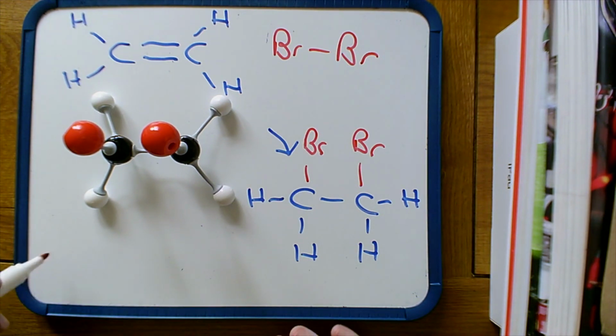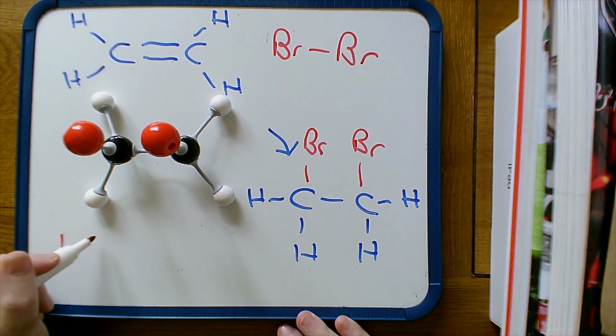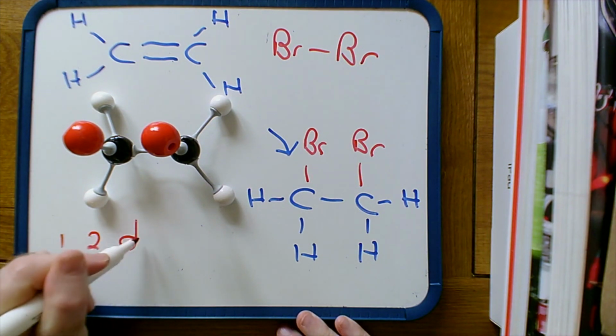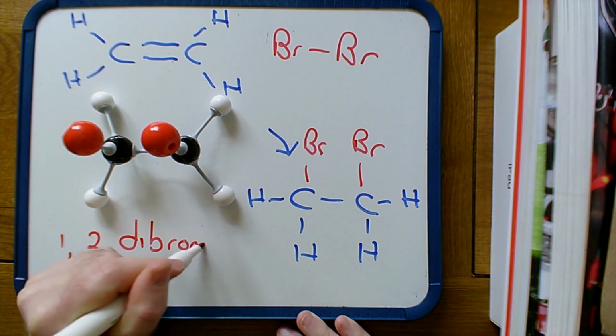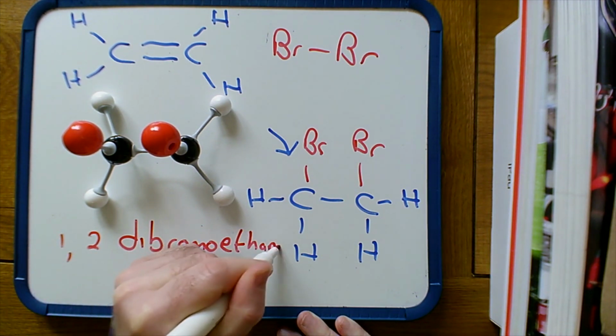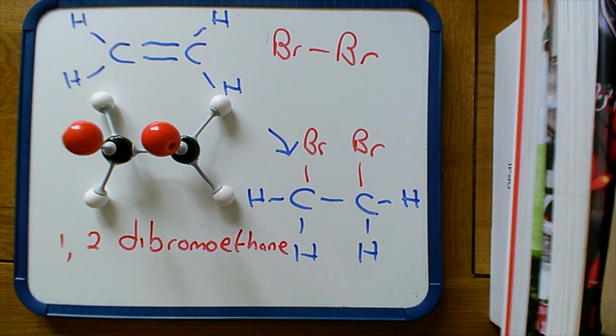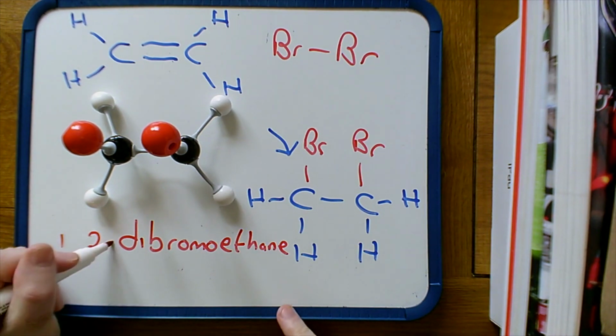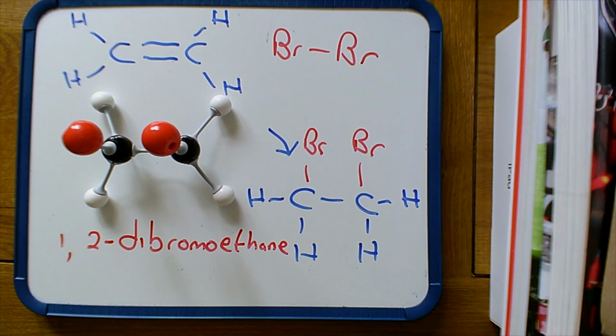Now my product is called 1,2-dibromoethane, and it's called dibromo because di means two and there's two bromine atoms in this molecule. Now the reason it ends in ane, A-N-E, is because my product is saturated like an alkane.